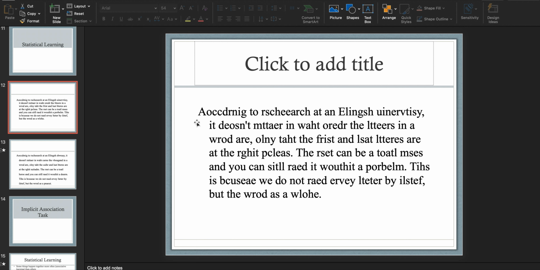And so we could probably say, according to research at an English university, right, we can pretty quickly know. We have an expectation about what might be coming up next, right?